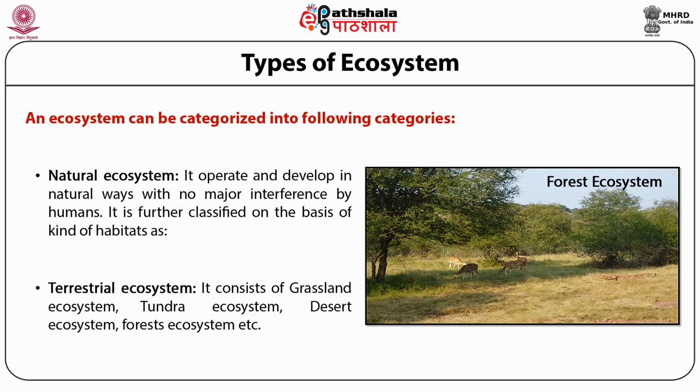Desert ecosystem consists of ecosystem with very low rainfall in which warm desert occurs in tropical region and cold desert occurs in temperate zone. And finally, forest ecosystem, which is dominated by trees and found in tropical and temperate zones.